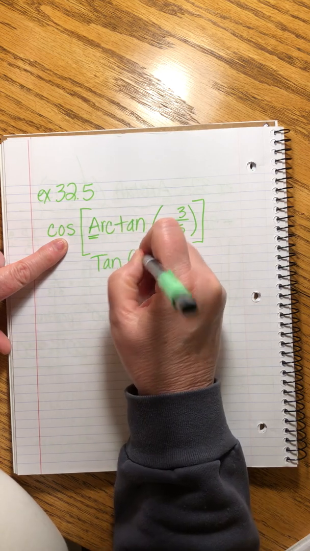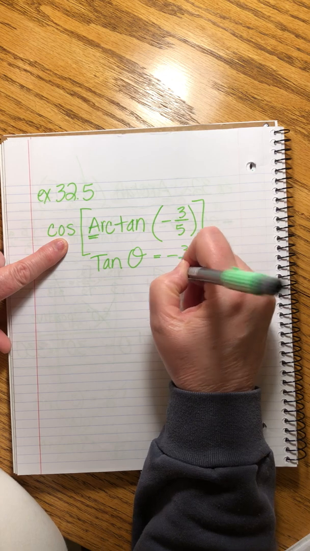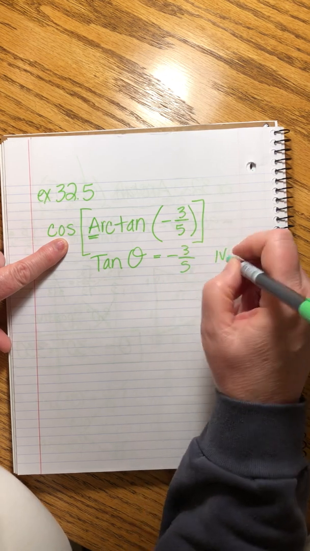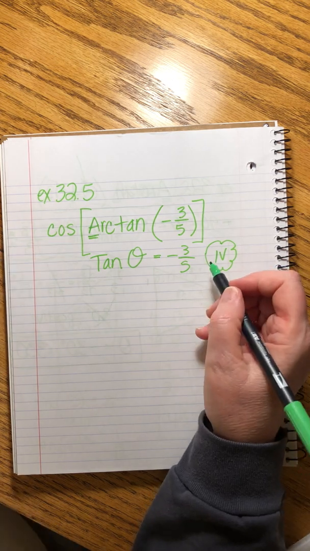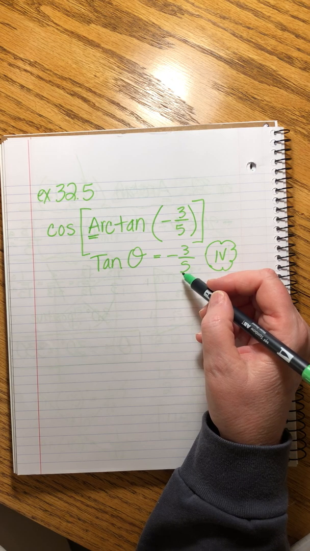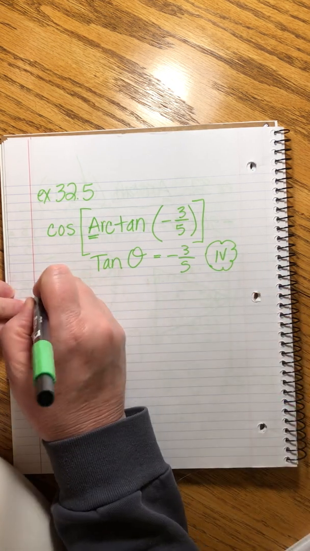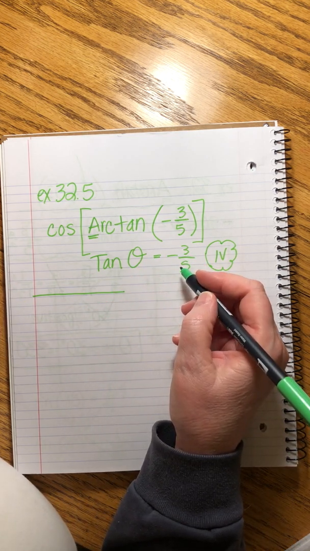The tangent of some angle is going to be equal to minus 3 over 5. This tells me it's in the 4th quadrant, because it's minus, right? But I don't recognize these numbers as coming from either one of our triangles. So, right, it's not a 30, 60, 90, and it's not a 45, 45, 90.